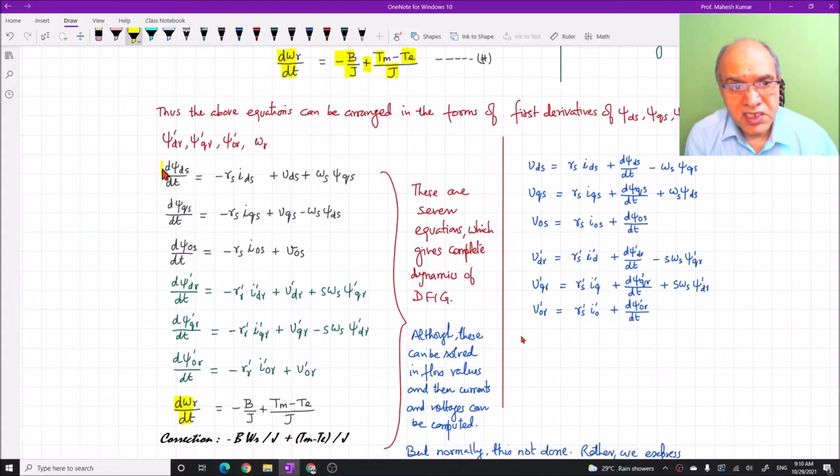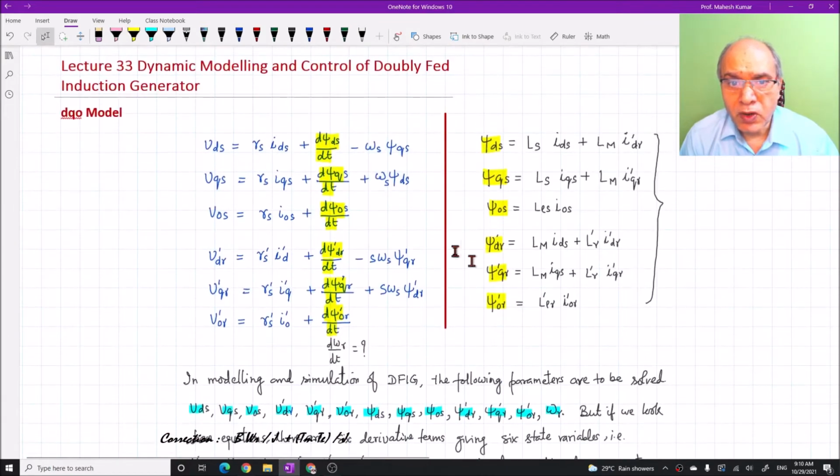So this is d psi ds by dt, and this will be in terms of rs and ids, then plus vds plus omega s psi qs. We have not done anything, we have simply brought this term on this side.